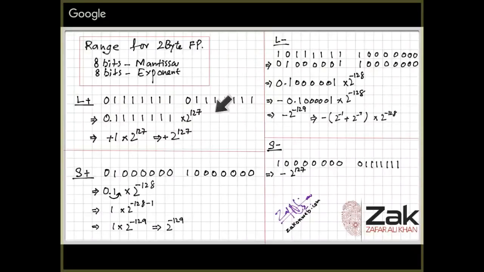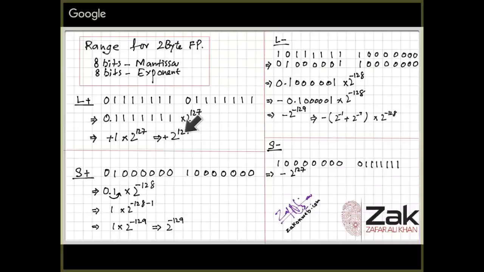Calculator is not allowed. So we assume that all these ones here are actually a 1. Could be a little lesser than that, but since we have some compulsion, we are not going to solve it like that. So this is plus 1 into 2 to power 127, and this becomes plus 2 to power 127 as a rule of thumb.